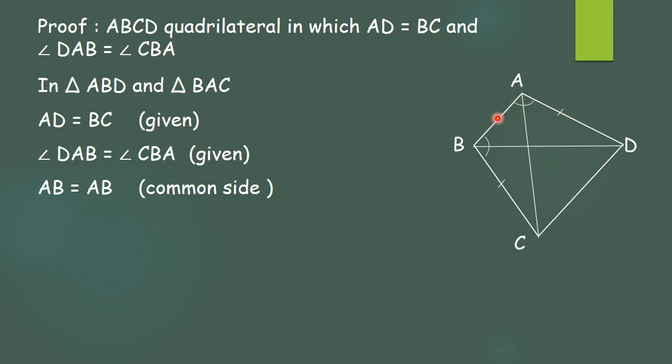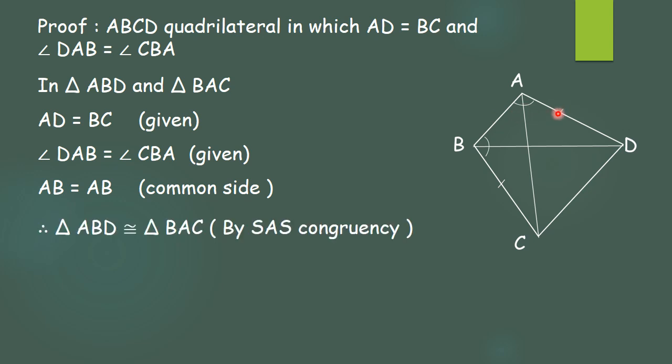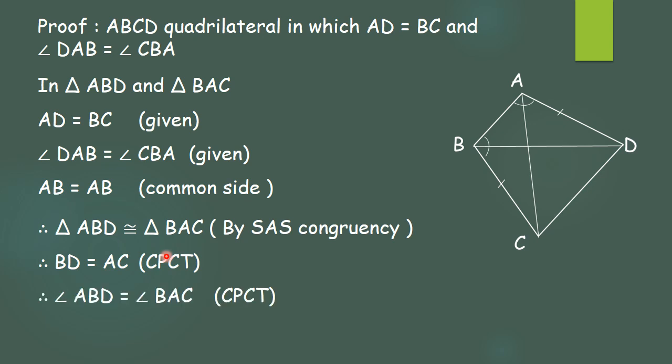So it is SAS congruency. And so we get triangle ABD congruent to triangle BAC by SAS congruency. And as the triangles are congruent, their corresponding parts are also congruent. So BD will be equal to AC and angle ABD will be equal to angle BAC, that is by CPCT.